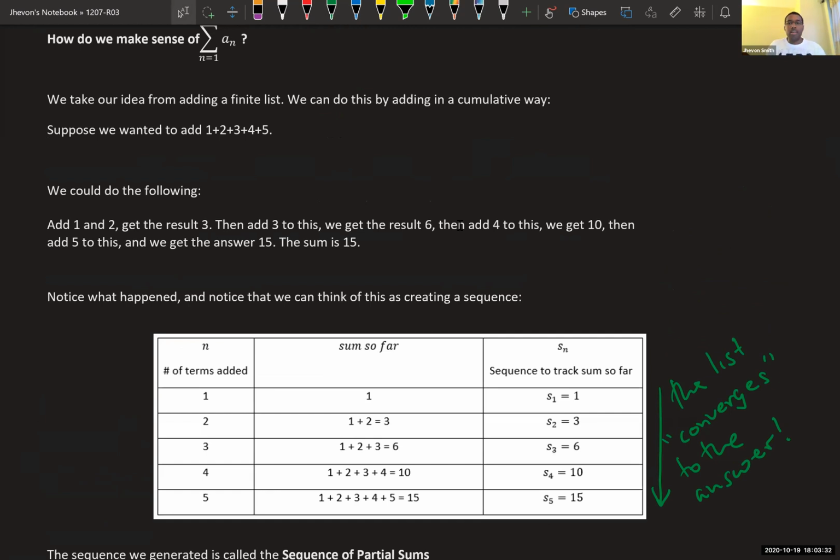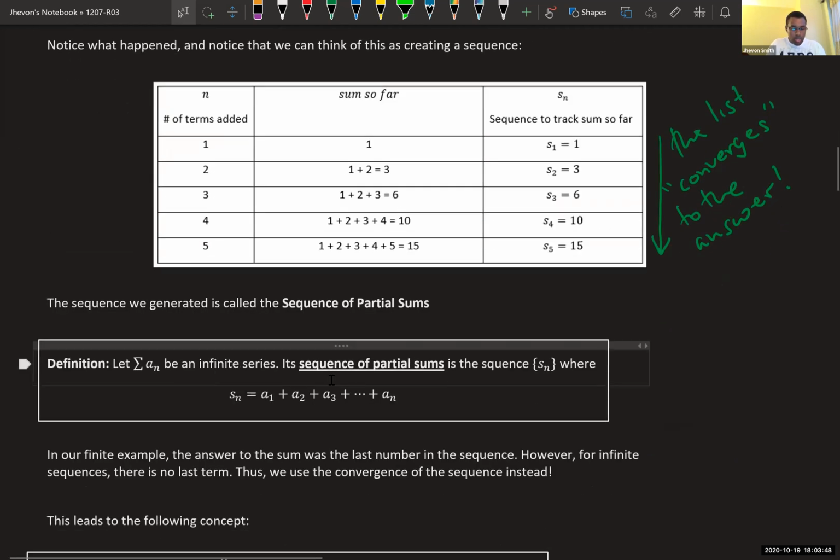So here's the idea, right? Even if I were to add a finite list, this is a very logical way to add it. I can describe this very mathematically, and I can talk about how the terms are adding up. And of course, the idea is the same. We are going to define a sequence called the sequence of partial sums.